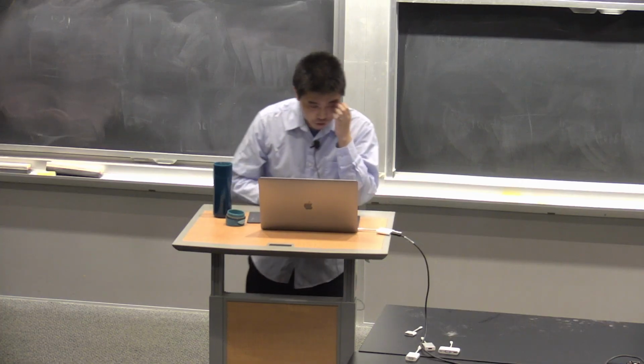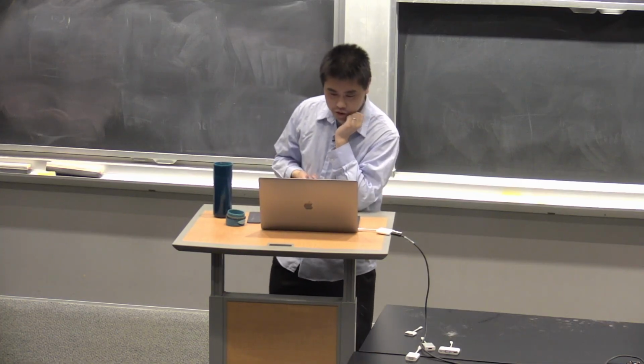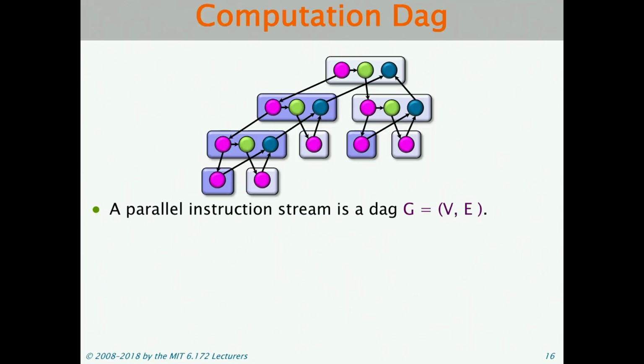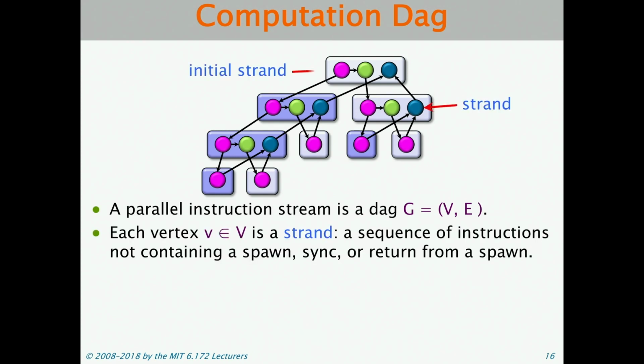I'm actually going to formally define some terms on the next slide so that we can formalize the notion of a computation DAG. DAG stands for directed acyclic graph, and this is a directed acyclic graph, so we call it a computation DAG. So a parallel instruction stream is a DAG G with vertices V and edges E. Each vertex in this DAG corresponds to a strand.